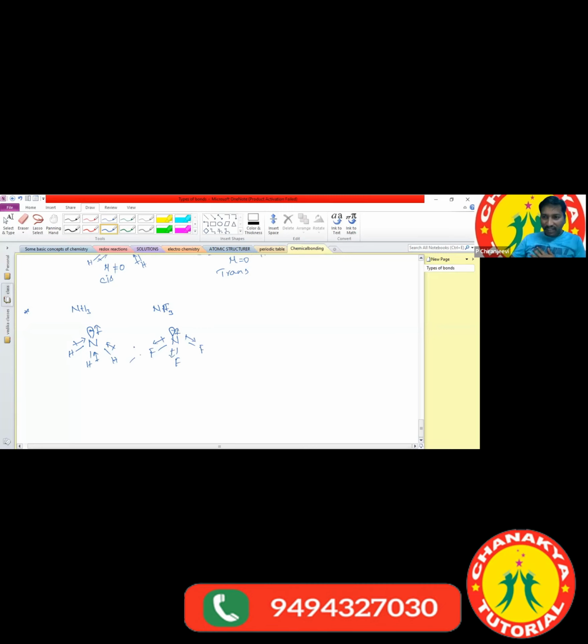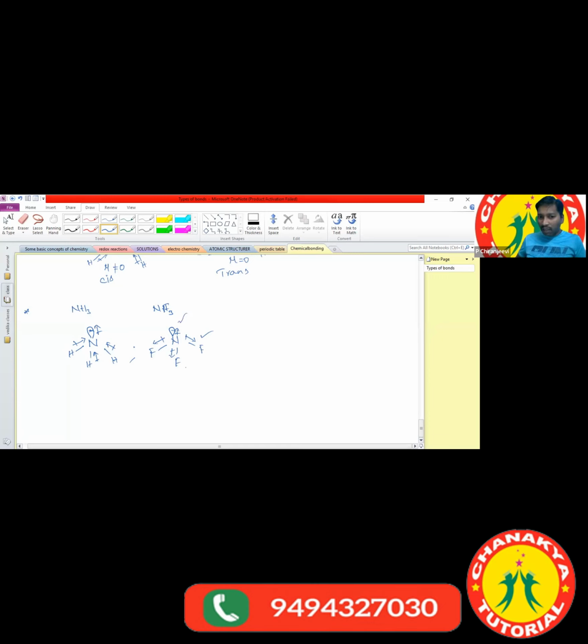What's the difference after representing the vector quantity? In NH3, H is towards N, and in NF3, F is away from N because F is more electronegative. Very good. So in NF3 you observe that the vector quantity is present in opposite directions. In a vertical line also the vector quantity is present in opposite directions.